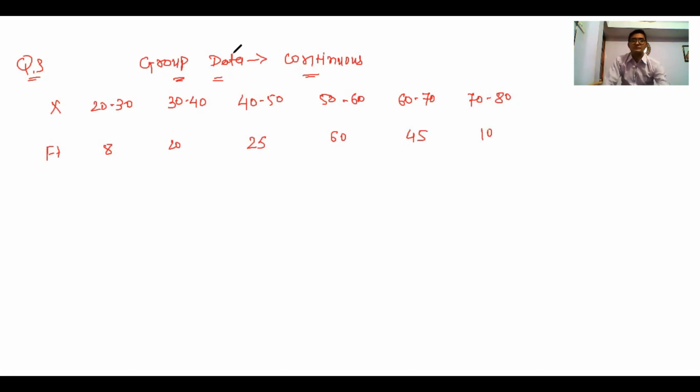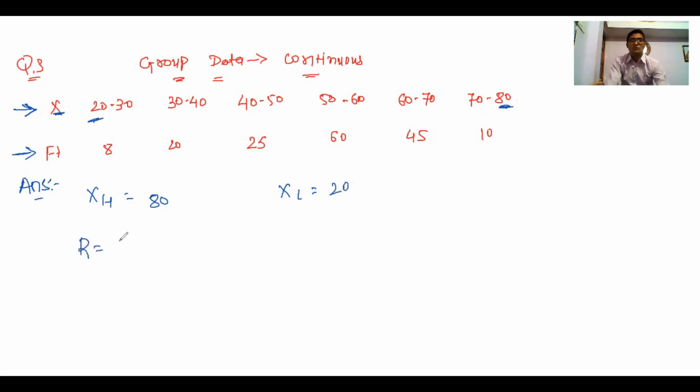So now, from these observations, again, we have to find XH and the value of XL. Now, XH stands for highest value, but again, don't see frequency. You have to check only class. Highest class 70 to 80, where highest value is 80 and lowest value is 20.